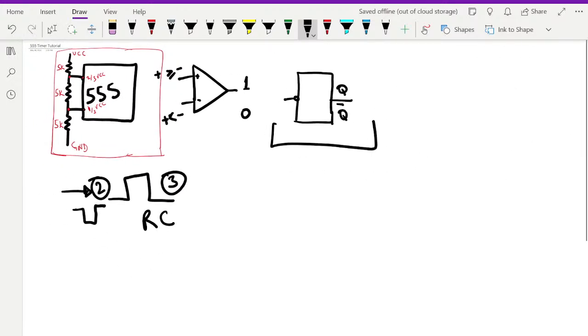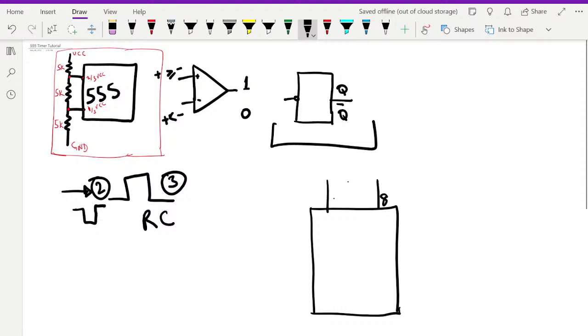So let's do an example here. You have the power supply, pin 8 and pin 4. Pin 4 is the reset pin; it accepts a low-going pulse to be reset. The output is pin number 3, and 2 is the trigger pin.